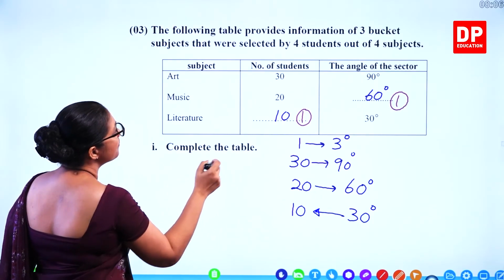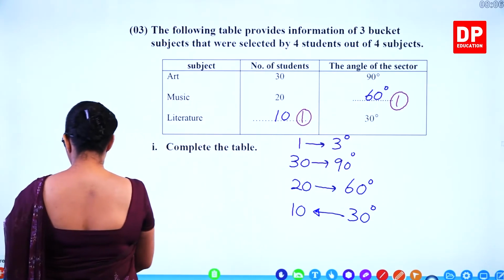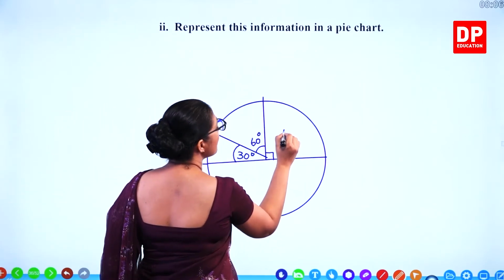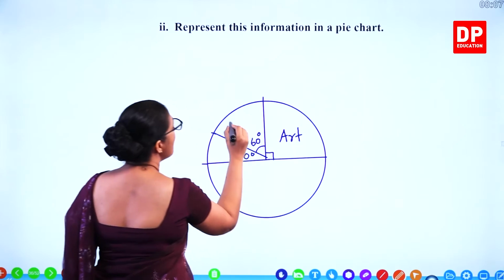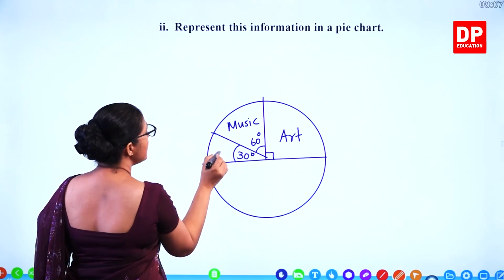Now here, art, music, literature. So we have to label art, music, this one is literature.